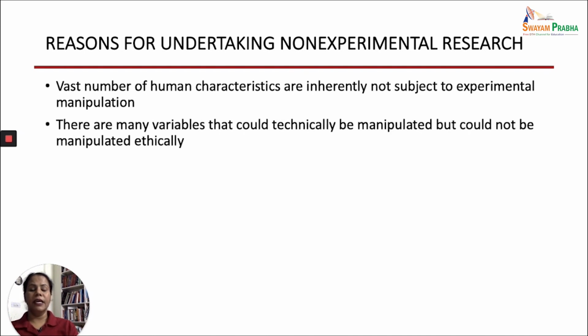The second thing is, there are many variables that could technically be manipulated but could not be manipulated ethically. Many times there are variables which we may think we should manipulate and then study, but ethically that is not right. For example, if we want to study the effect of antenatal care on pregnancy outcomes, we cannot manipulate antenatal care.